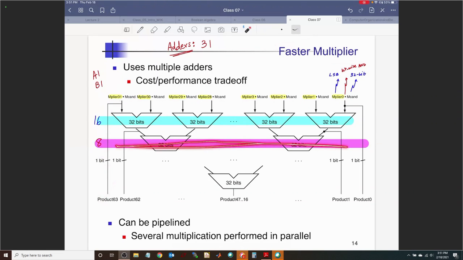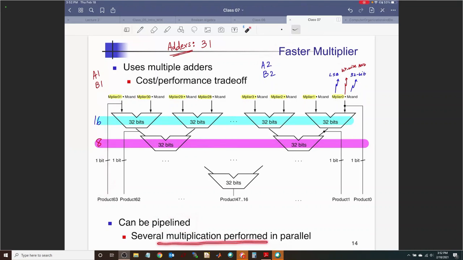They have used the hardware before, and now they are using this particular level, the pink level. So the question is, can I bring in two new numbers, A2 and B2, start multiplying them, and start using the blue level? Can I do that? Absolutely. That is right. That is called pipelining.